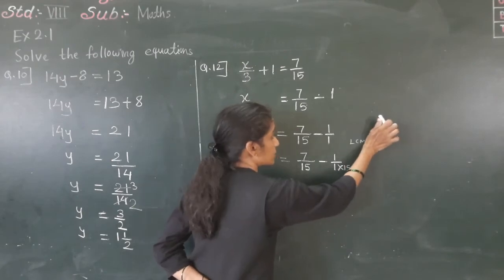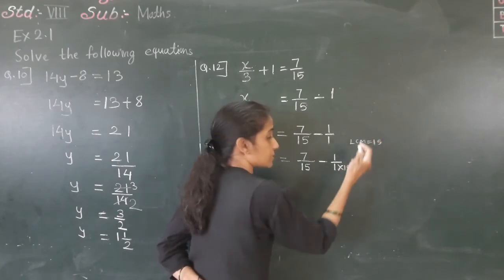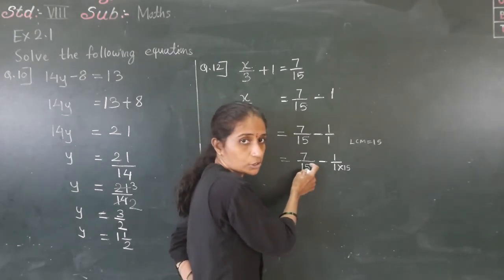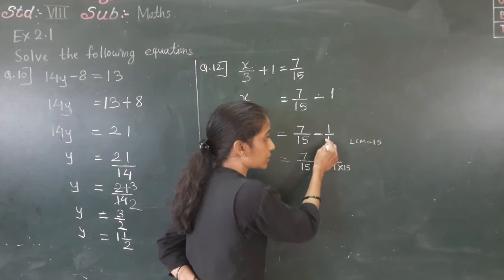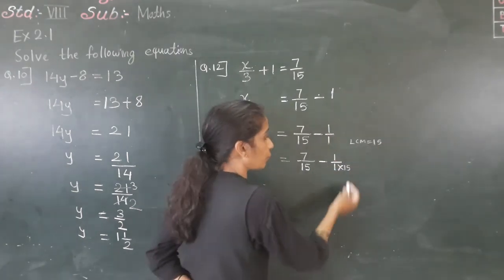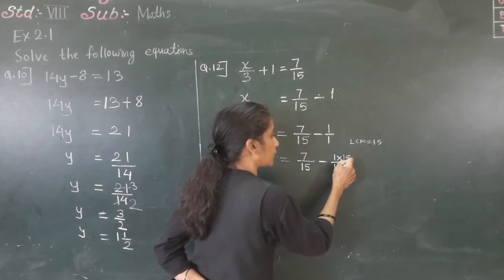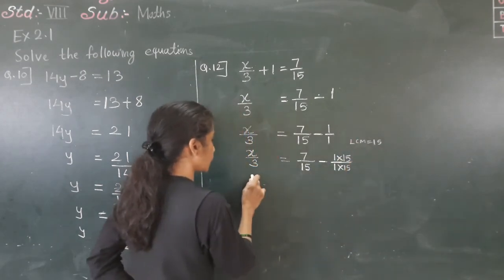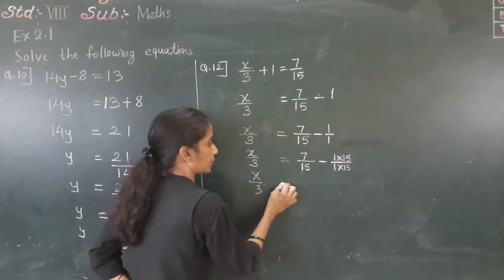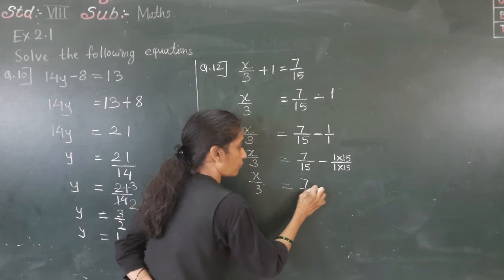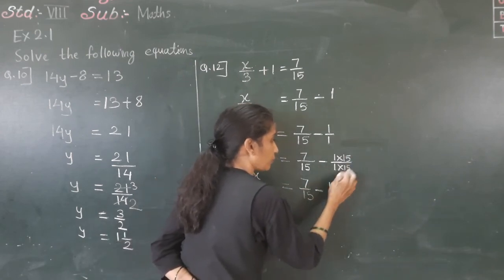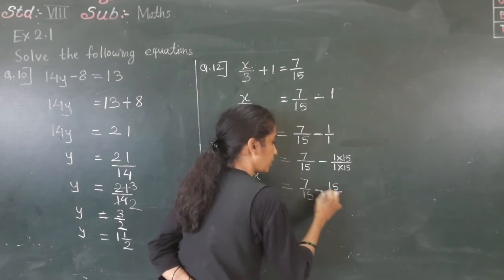And here, LCM is 15. 15 ones are 15. Okay.